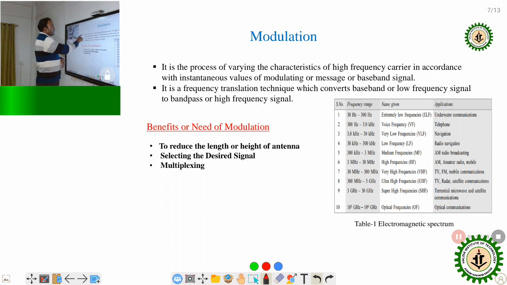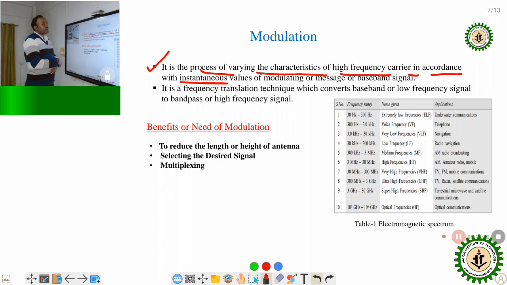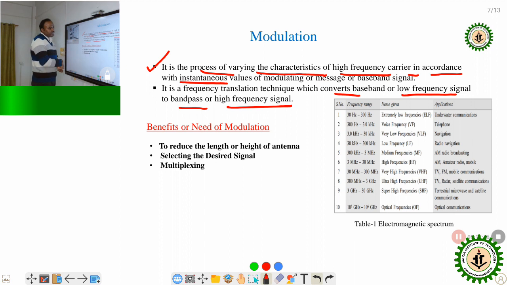The first definition: it is the process of varying the characteristics of the high frequency carrier in accordance with the instantaneous values of the modulating signal, or the message, or baseband signal. It is also a frequency translation technique, which converts the baseband or low frequency signals to the band pass of the high frequency signal.